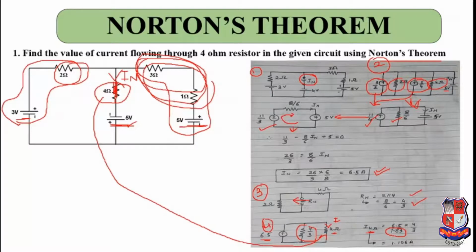So the current divider rule says it will be equal to total current or source current multiplied by opposite branch resistance divided by total resistance. So this will give you the current through the resistance which you want to find. That comes out to be this value.